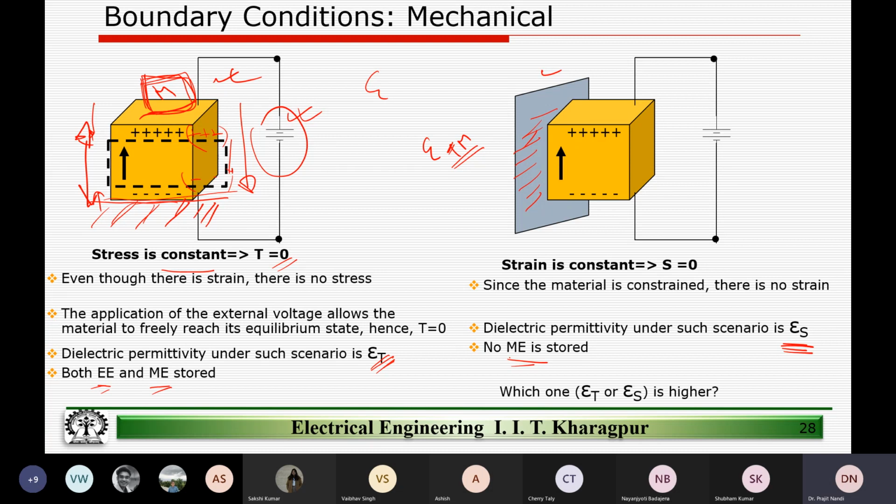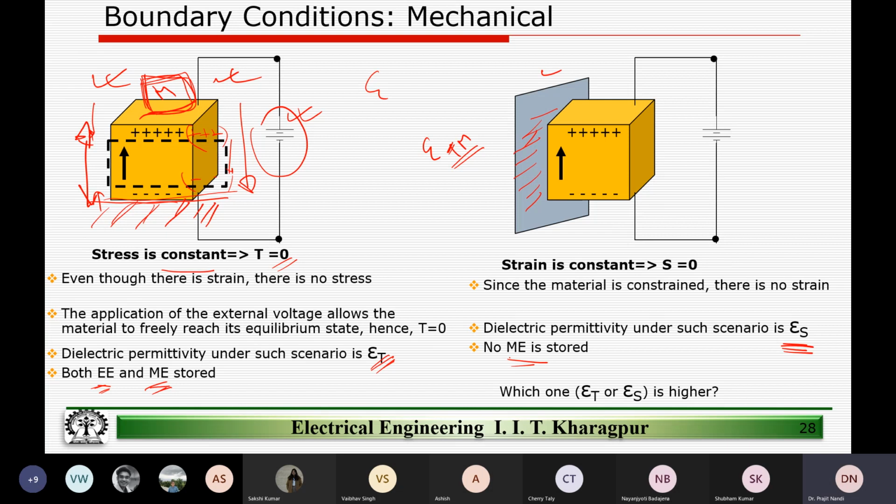And then going back to the same question, is epsilon T higher or epsilon S higher? So going by that same explanation that we gave, in the first condition, we have both electrical as well as mechanical energy stored.